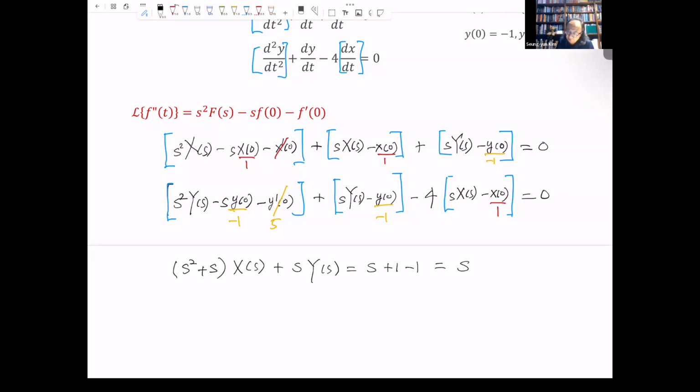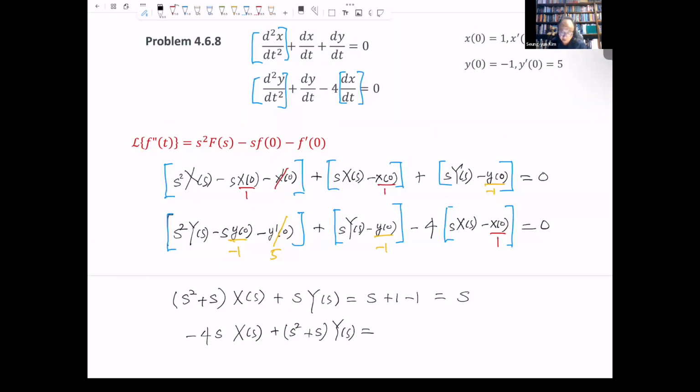Second equation: negative 4 s X of s, and then for Y we have s squared plus s, Y of s equals, we have negative s times negative 1, positive s, move it over, negative s, and negative 5, move it over, positive 5.